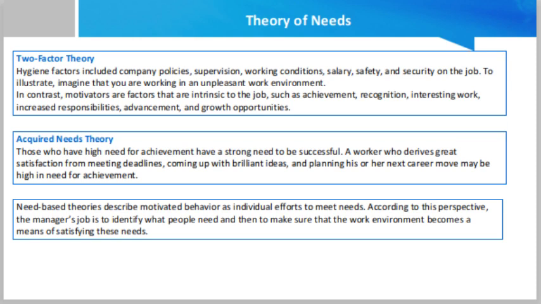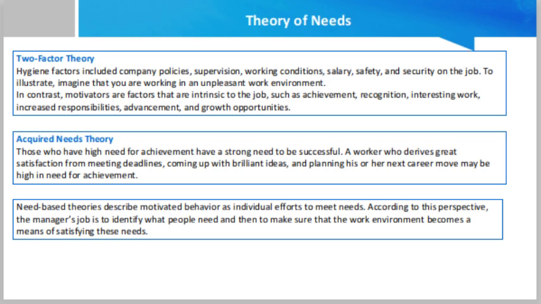Similarly, quality of supervision or relationships employees form with their supervisors may determine whether they are assigned interesting work, whether they are recognized for their potential, and whether they take on more responsibilities. Despite its limitations, the two factor theory can be a valuable aid to managers because it points out that improving the environment in which the job is performed goes only so far in motivating employees.